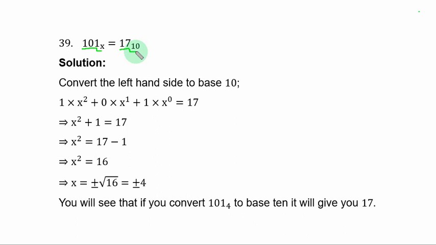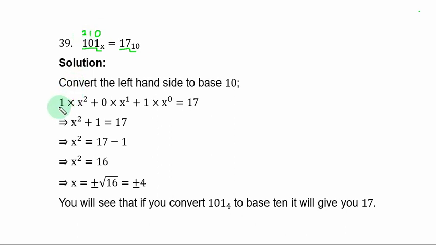So you convert the left hand side to base 10, and that is continuous multiplication by power expansion, where you use the base s to multiply each digit and you attach the position value to the base. So for digit 1, the position is 0, digit 0 is 1, and the second one, the position is 2.